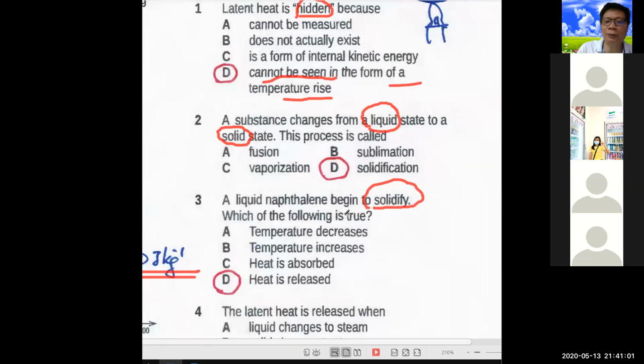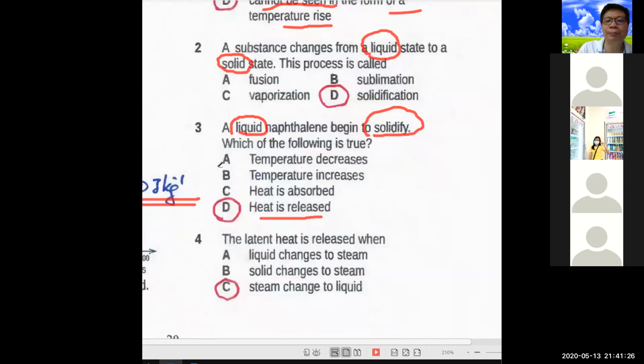Which of the following is true? Heat is released. Remember, liquid now wants to change to solid, so it releases heat. The heat released is called latent heat of fusion. Between liquid and solid is fusion, so the latent heat of fusion is released.